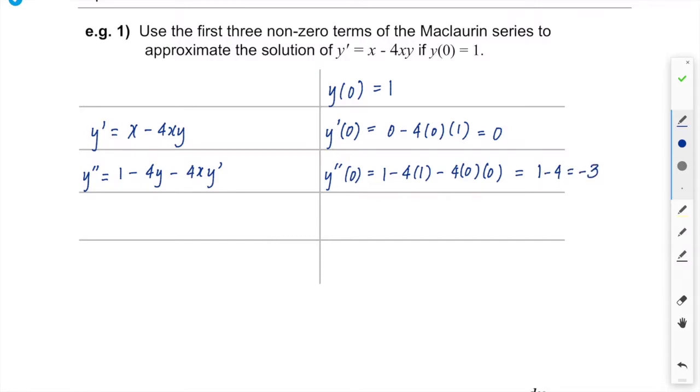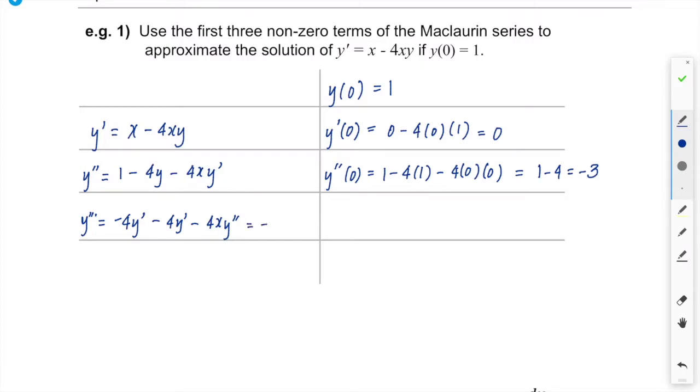Okay? Then we have y triple prime equals. First term is 0 minus 4y, which becomes negative 4y prime as a derivative. And then we have to take the derivative of negative 4xy prime. So here we go. Negative 4x becomes negative 4 times y prime minus 4x times y prime's derivative, which is y double prime.